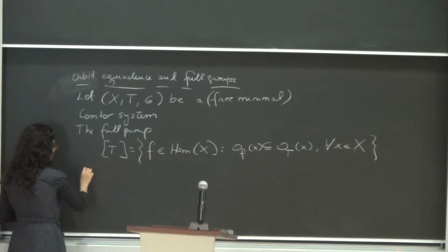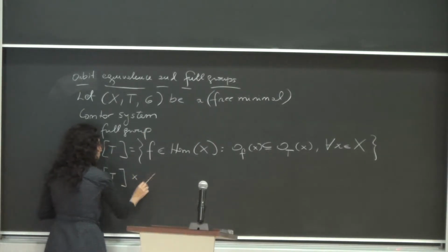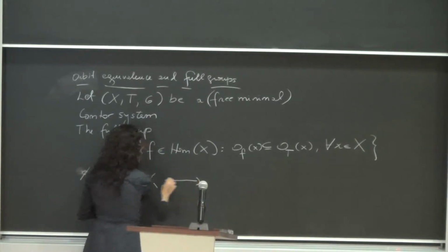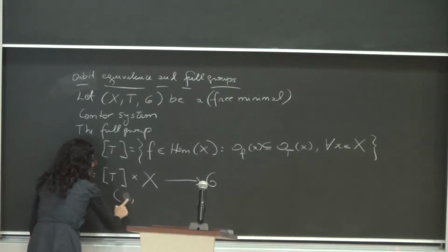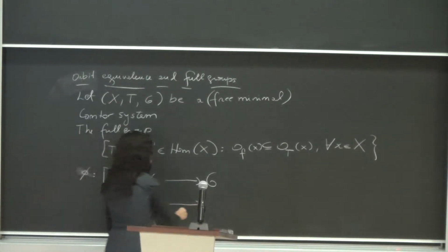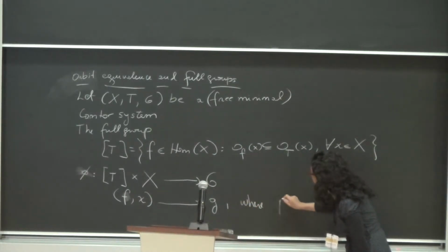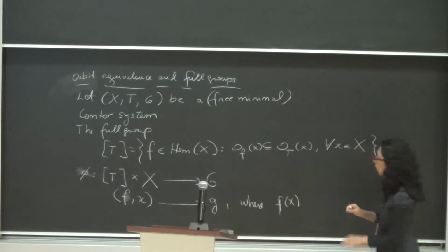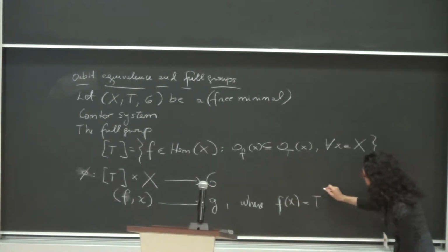You take, for example, the function, call this phi, from the full group product with the space X to the group G, that takes F and x and will give you g, where g is just the time of the orbit of x where F x arrives.